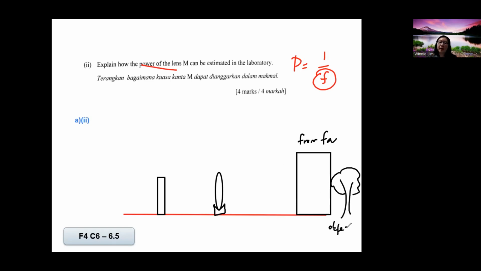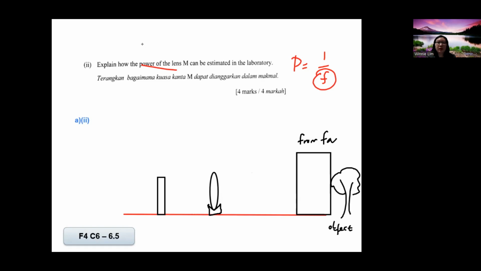So this is the object. Since your object is at a far distance, whenever you can see a clear image form on the screen, the distance between the lens and the screen is the focal length of the lens. So after you arrange, you move your lens until you see a very sharp image, then you stop. So let's say until here.